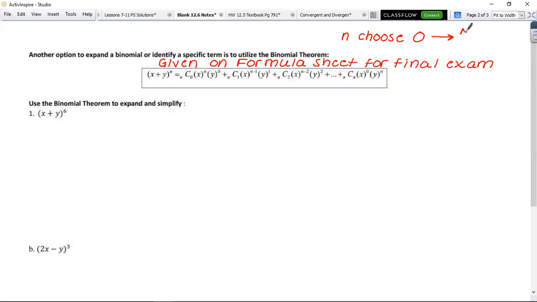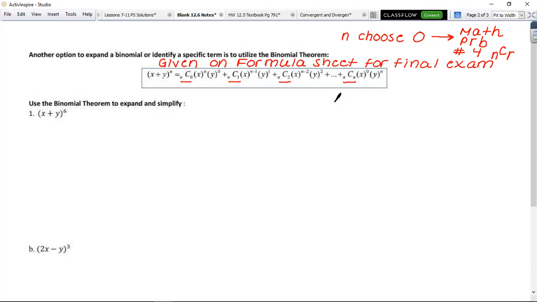So on the calculator, you're going to hit math, and you are going to go over to probability, and you are going to select number, I believe it's number 4, and it'll say nCr on it. What those combinations also coincide with is these are also the coefficients from Pascal's triangle. So if you didn't want to use the calculator to get them all, you could refer back to your notes as well.